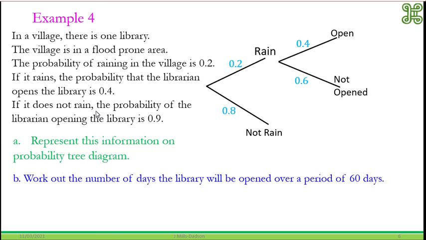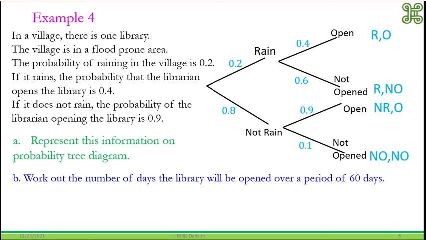When it does not rain, we are on this line, the library will be open at a chance of 0.9. So opening is 0.9. What about not open? Opposite of 0.9 to get 1 is 0.1. Now label it as well: raining and opening, raining, not opening, not raining, opening, not raining, not opening.